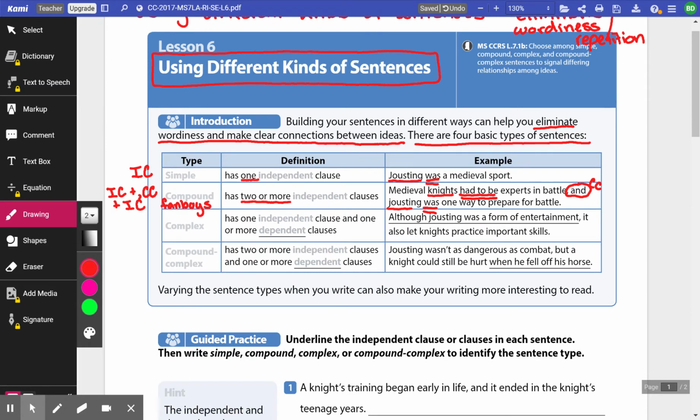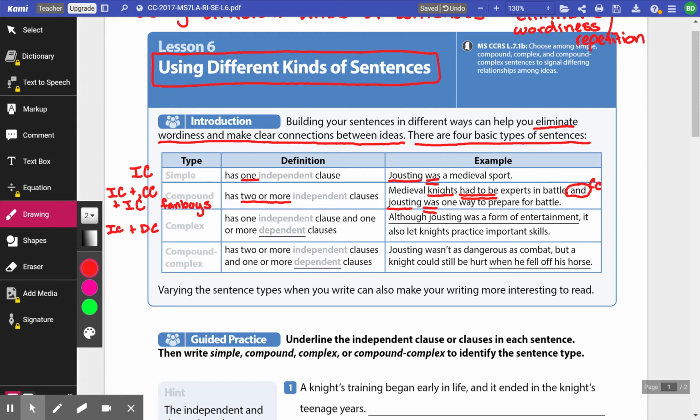So complex sentences are next. So for a complex sentence, we have one independent clause plus a dependent clause. And just so you don't forget, a dependent clause cannot function as a sentence by itself. It has to have help from another clause. So, complex sentences that have those dependent clauses, you can identify the dependent clause by looking for a few things.